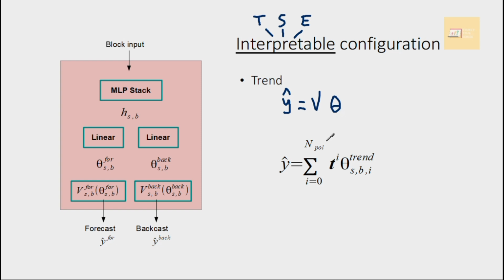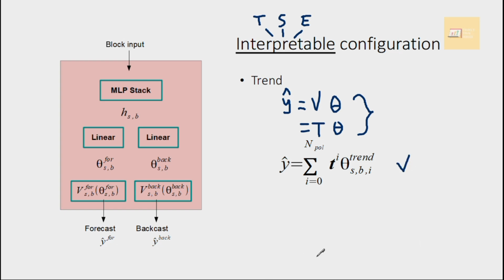V is the basis matrix. If we use the trend basis, we can rename the V to T, capital T, times theta. These two lines are the equation in matrix notation. In the summation notation, we would have this line.